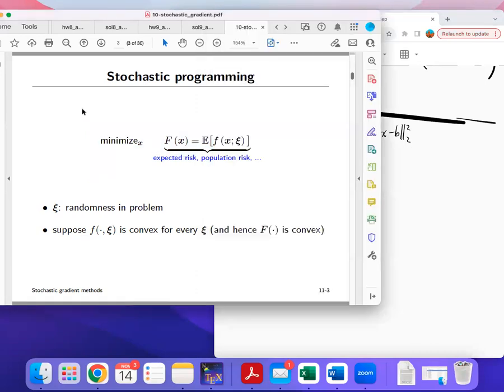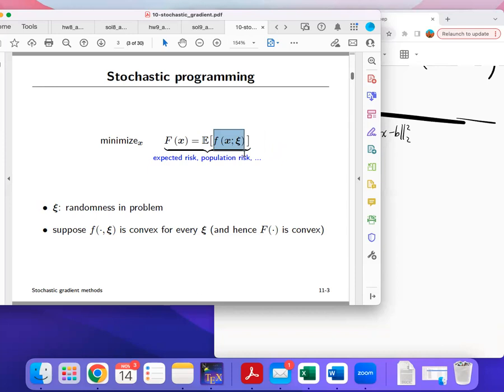But in practice, many of these problems can be written in expectation form. The objective function value is the expected value of another function, and this function involves some randomness.